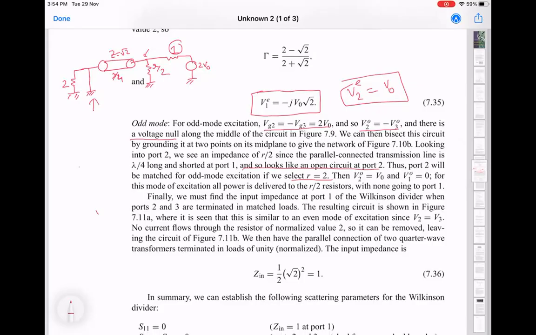This will work only for certain frequencies, some range, it being an open circuit. That's right, but we are only talking about the frequencies of the ideal operation. Last time also we said that the entire analysis assumes we are operating at that special frequency. That's where the S matrix we are deriving is actually going to work. A little bit later we will actually draw the circuit in Microwave Office and see.